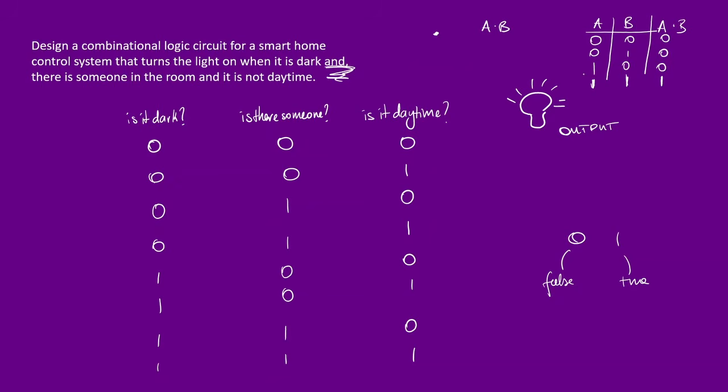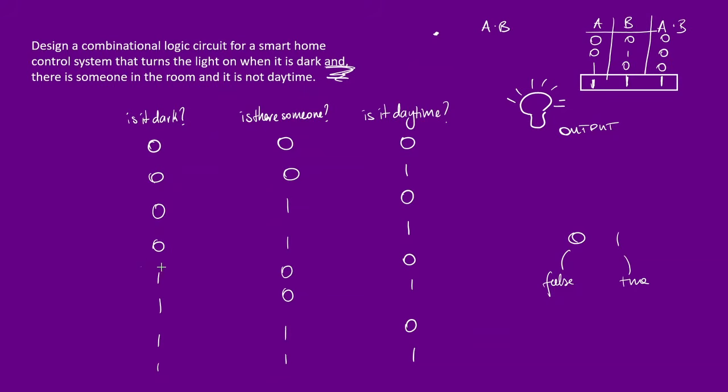Okay? That's the peculiarity of the AND gate. So now we're only going to be high if every condition met here is true. So is it dark? Yes, that has to be true. Is there someone in the room? That has to be true.